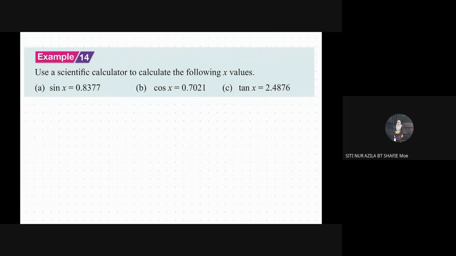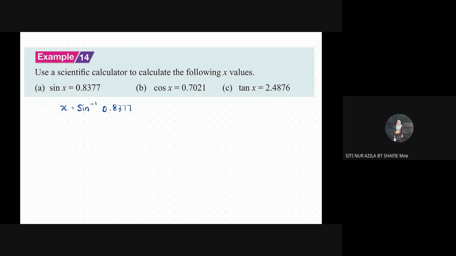From the question given, you have sin x equal to 0.8377. To solve this one, we bring sin to your right hand side. When you bring sin to your right hand side, it will become sin -1 0.8377.